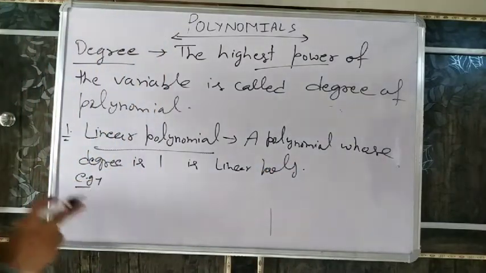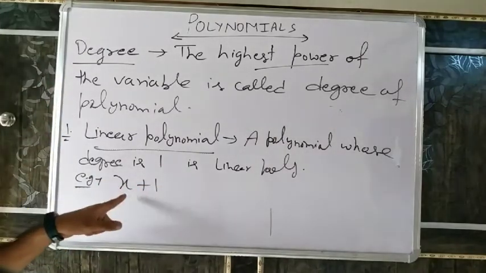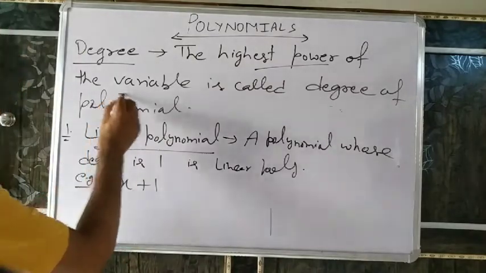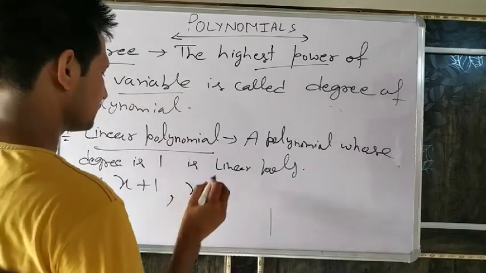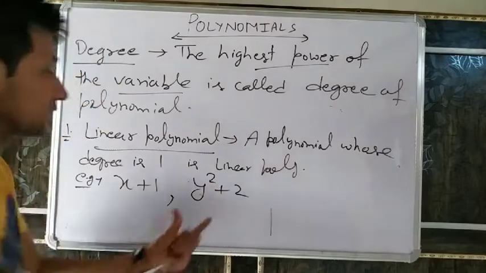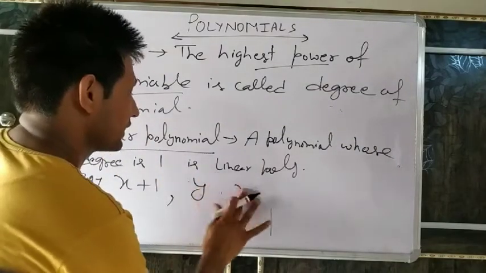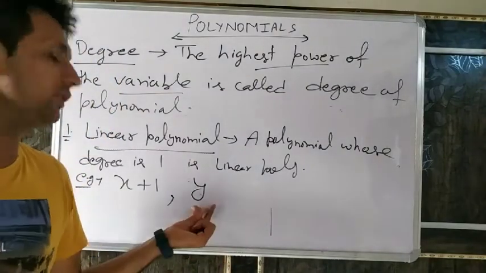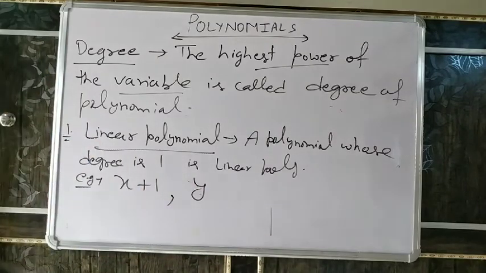Example, degree is 1, only x plus 1. The degree is the highest power of the variable, so we check it. What is the power? Only 1. So this one is x. Now you can write y square plus 2. Yes, power is 2, so it is not a linear polynomial. It is wrong. Understand? And if you write only y, the power is only 1, so it is very clear. It is a linear polynomial. Next.